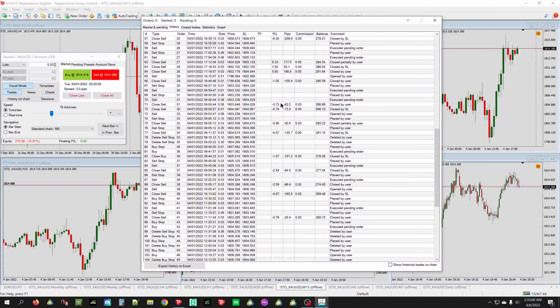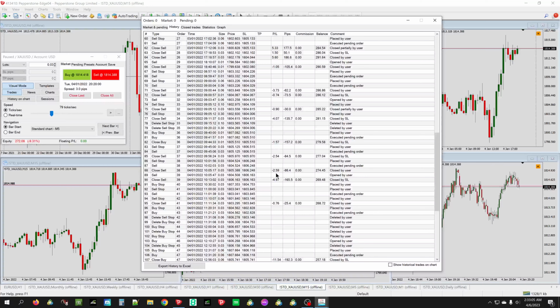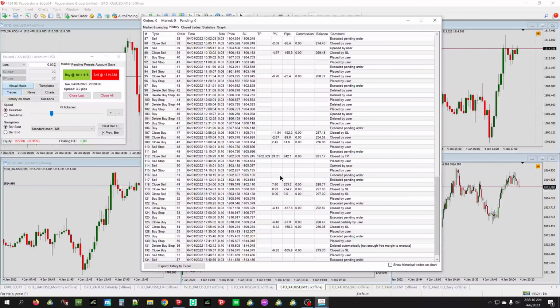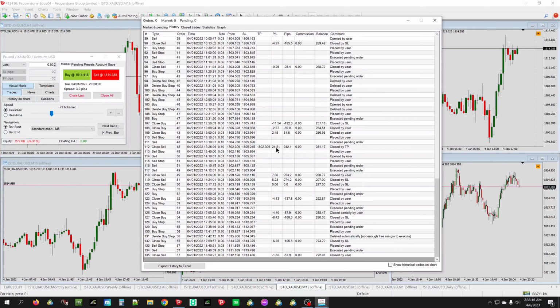Moving from here, this is like a 10 US dollar loss, 20 US dollars down, 30, and 6 US dollars down, and 8 profit, 8 loss, minus 8. Yeah, I lost around 20 US dollars today, but we need to figure out how we can capitalize on these types of days where we move straight up.